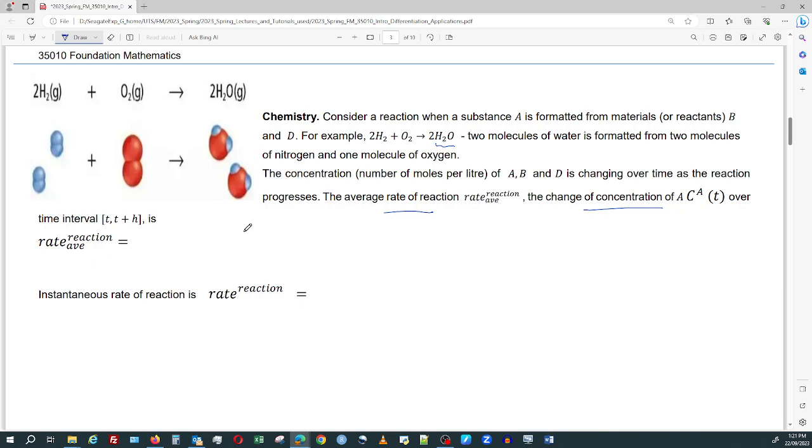So the average rate is the change in concentration at the beginning or the end. That's the rise. And the run is h. So that's the same thing.